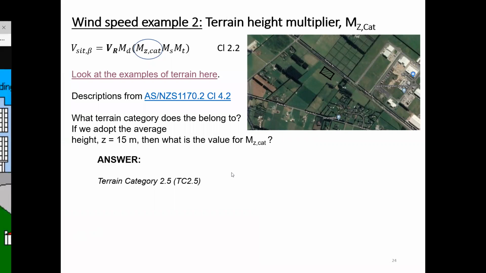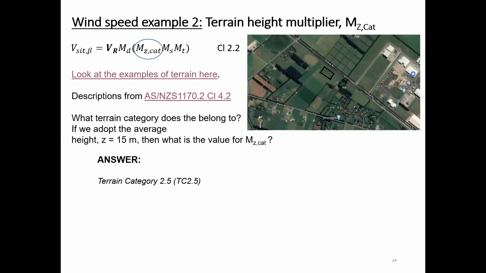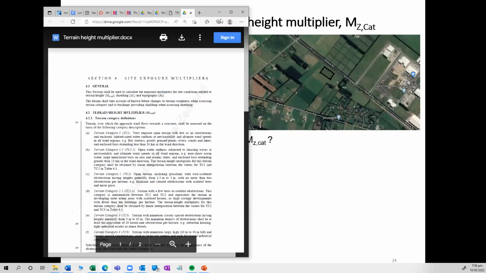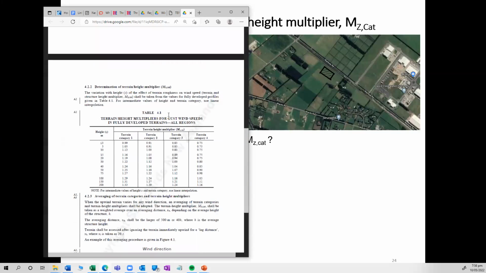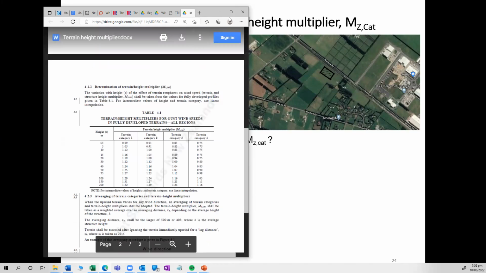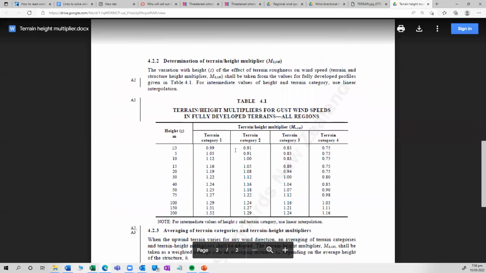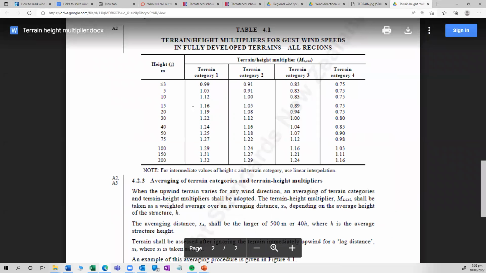Yep, terrain category 2.5, and Z equals 15 meters, so from that table, terrain category 2.5 at 15 meters.